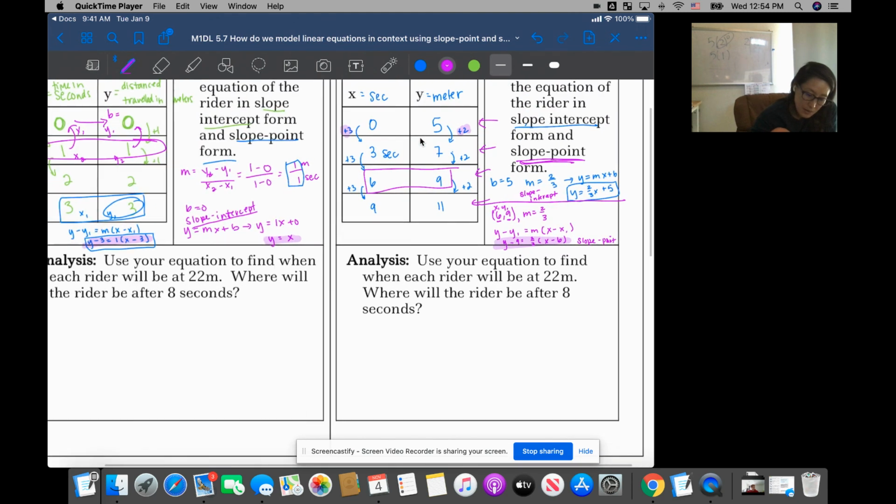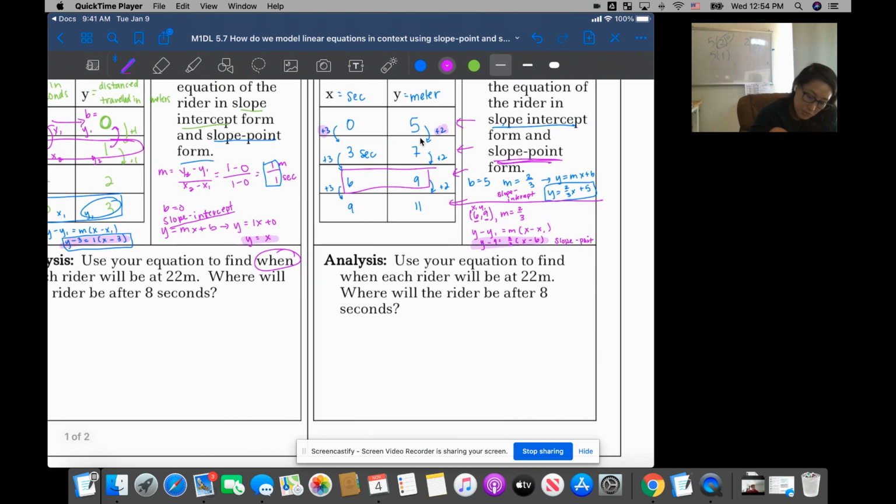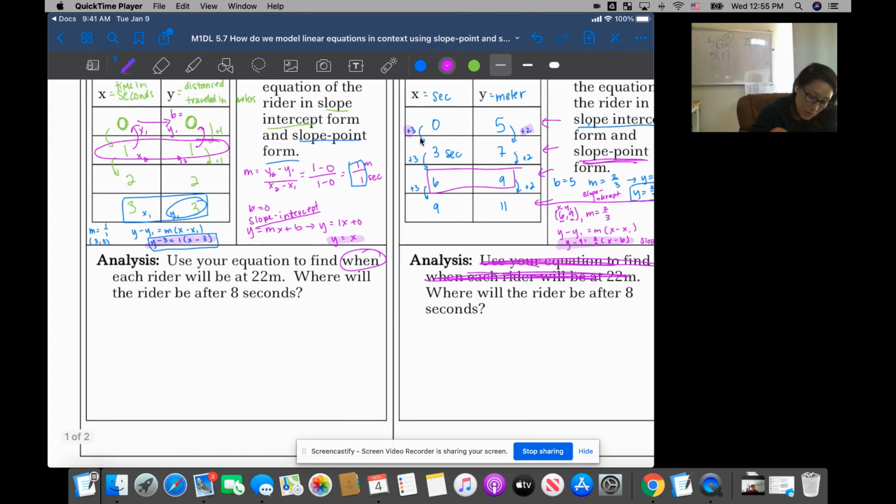Okay, all right, so we're going to use the equations to find when each rider will be at 22 meters, and then where will the rider be after 8 seconds?